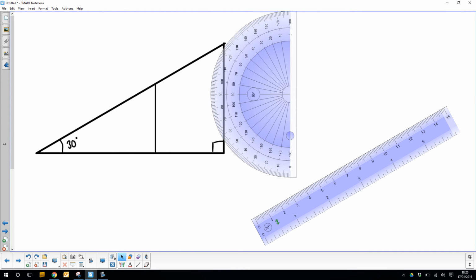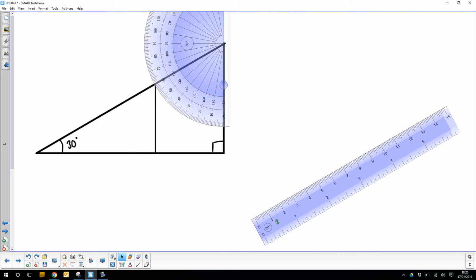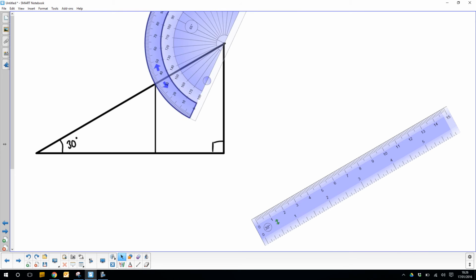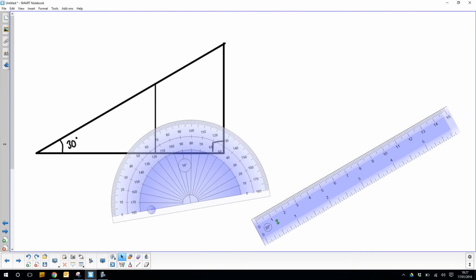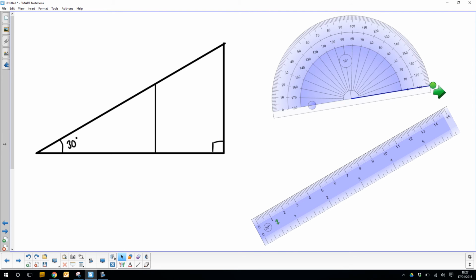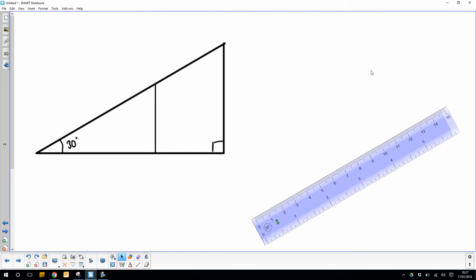So we can see that this angle up here is 60 degrees. But we would expect that because obviously in a right angled triangle all the angles will add up to 180, and the two shorter angles must add up to 90, as we have a 90-degree angle in there.